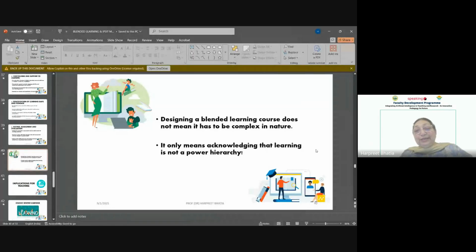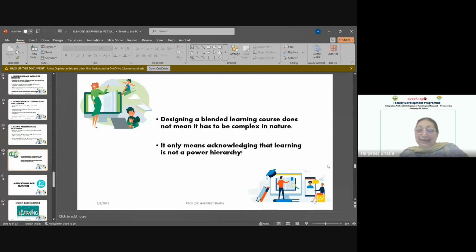So we need to change our way of teaching as well and shift our vision of ourselves from teacher to instructor, from instructor to supervisor and mentor. So unless we change that, our classroom atmosphere will also not be good.